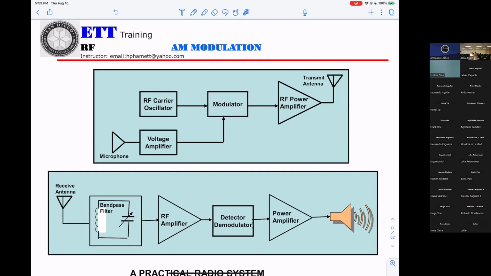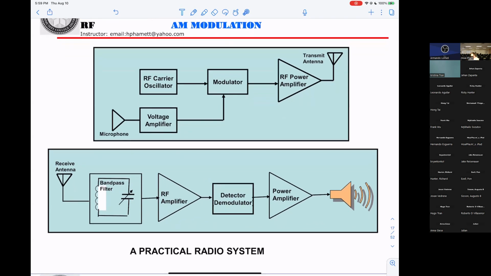Okay, the second one, the first was the transmitter. That will be the receiver. That means your radio. Okay, that just shows you a practical radio system. In your radio, you get an antenna. Too many signals are transmitted here. However, when you change the LC, that means you select the frequency you want.